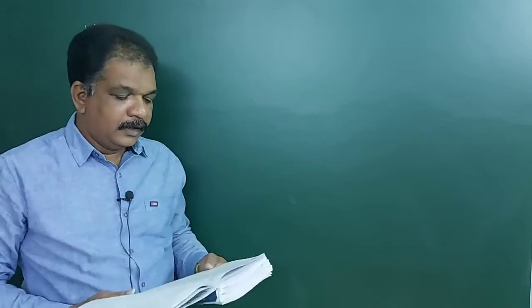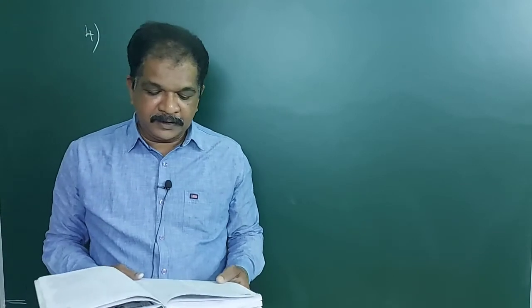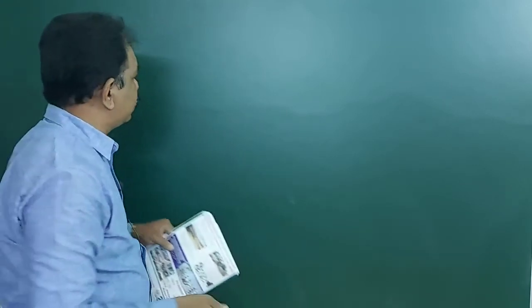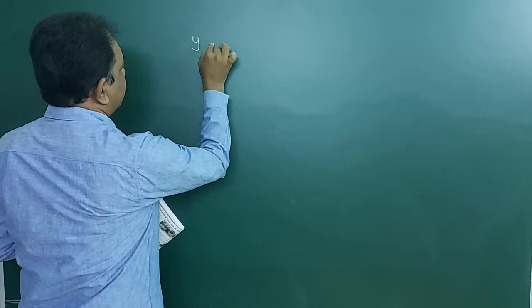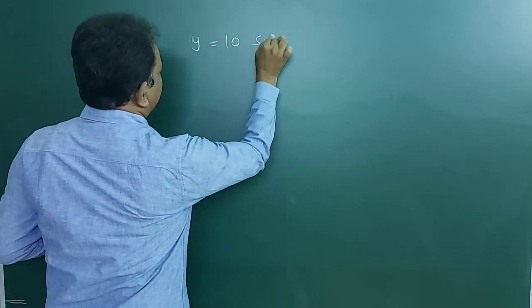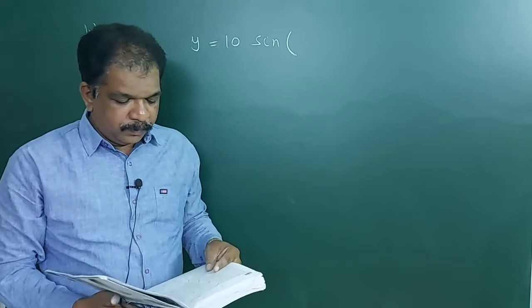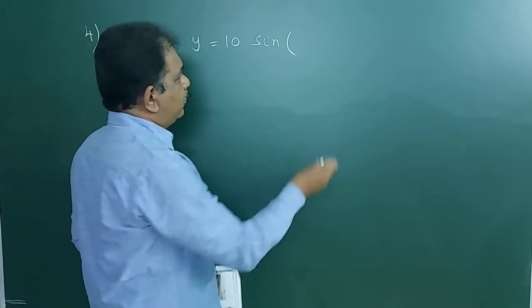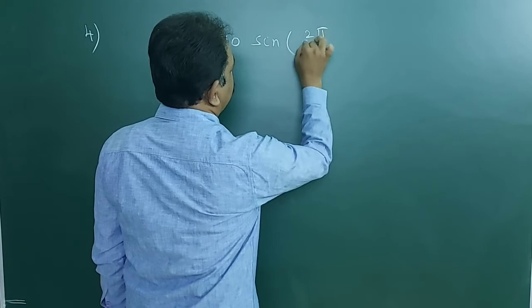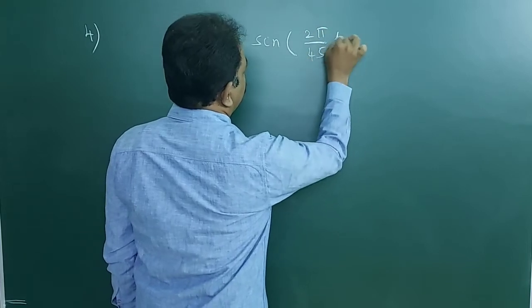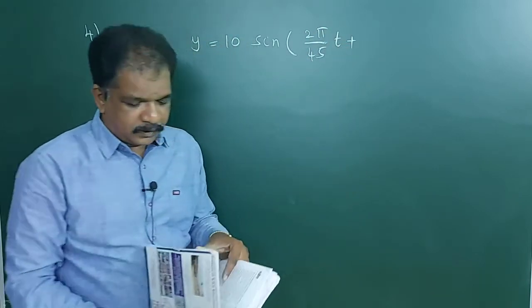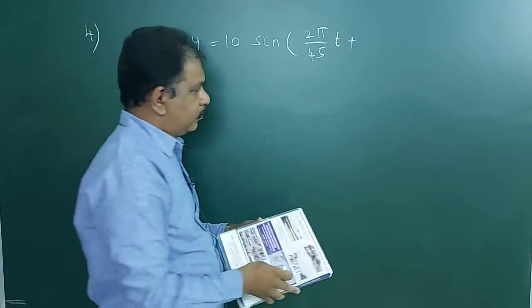What they are asking: the equation of a wave is given by y is equal to 10 sine of 2 pi by 45 into t plus alpha.